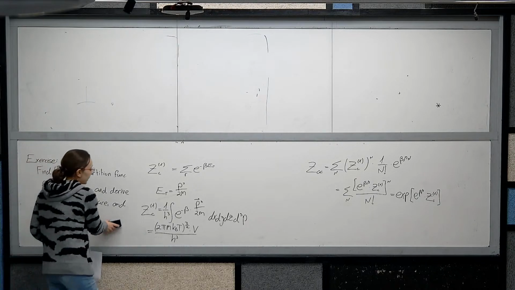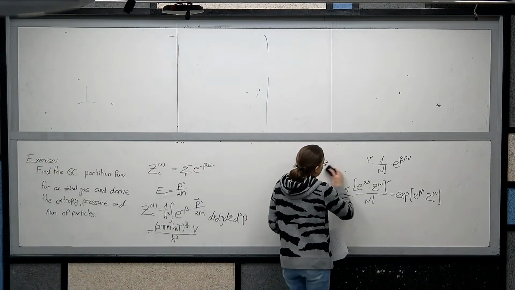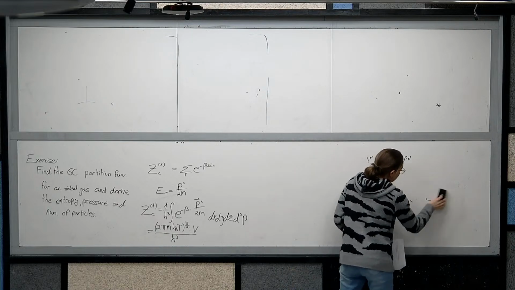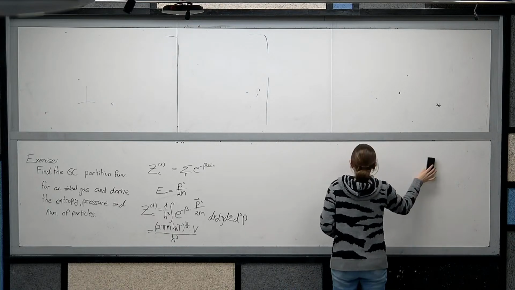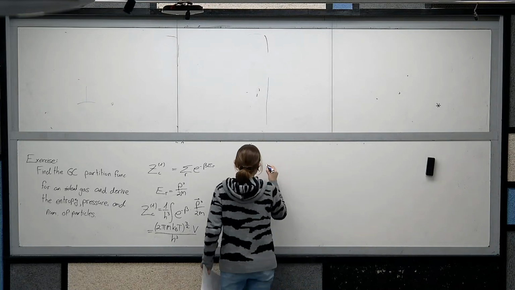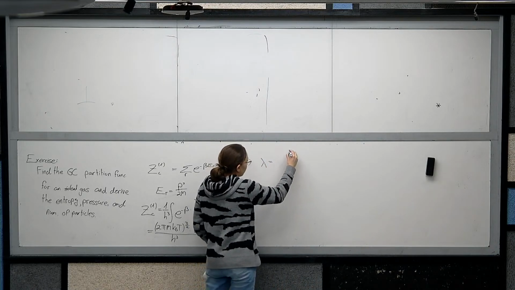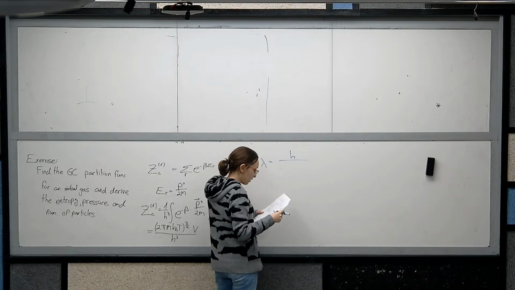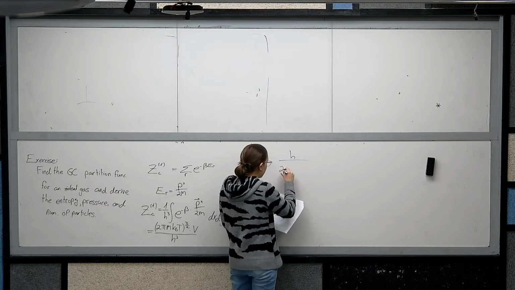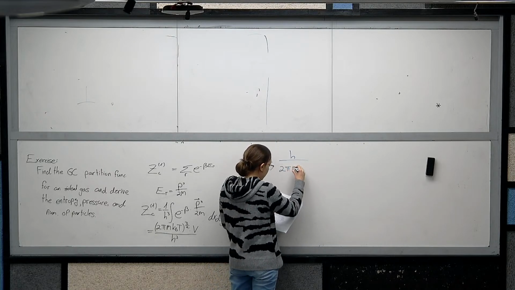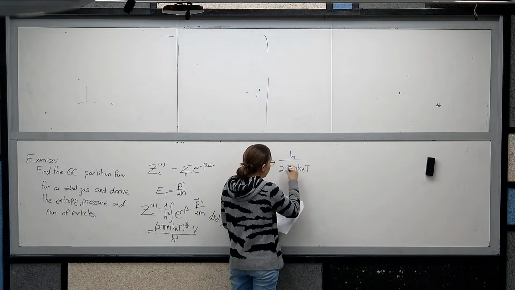Okay, for convenience, I'm going to denote lambda to be h divided by the square root of 2 pi m kBT.